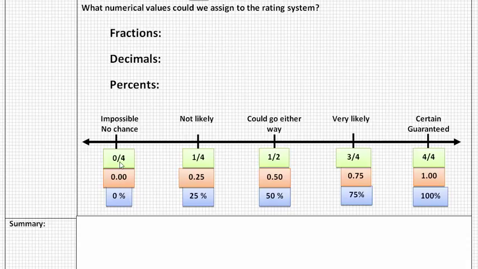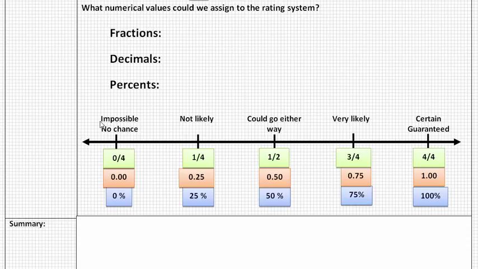So 0/4, 0, and 0 are equivalent to 0%. 1/4 and 25 hundredths is equivalent to 25%. 1/2 or 50 hundredths is equivalent to 50%. 3/4 and 75 hundredths is equivalent to 75%. 4 out of 4, 1 whole, and 100% are all equivalent.